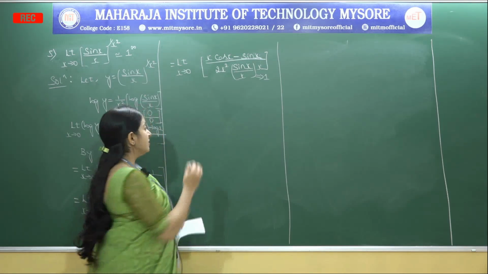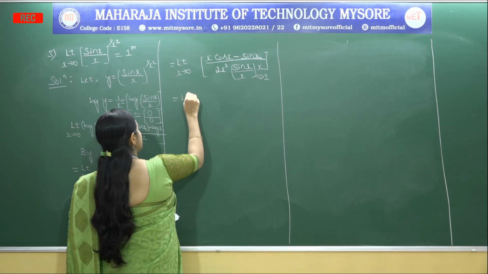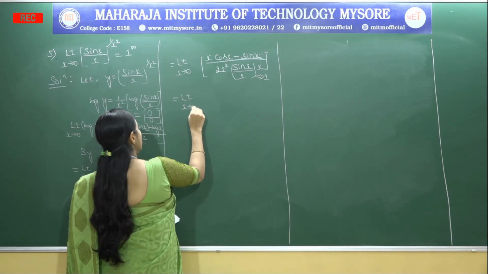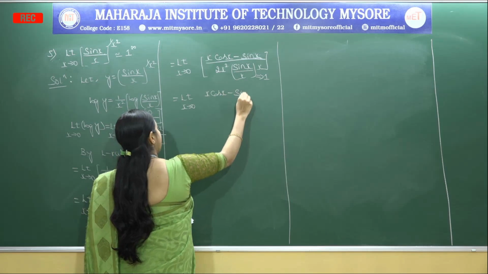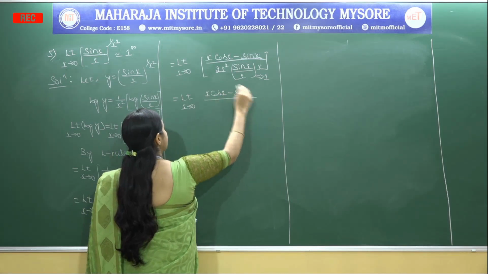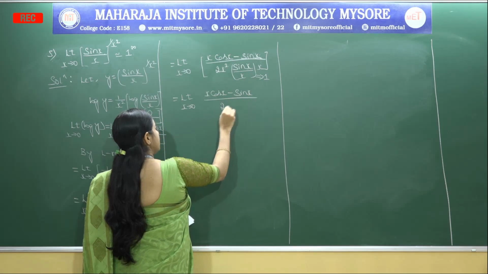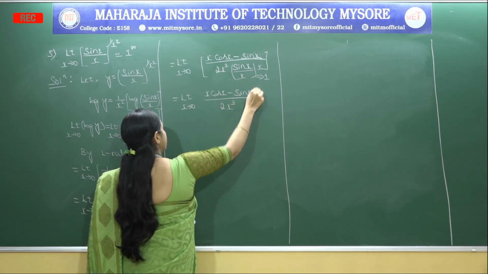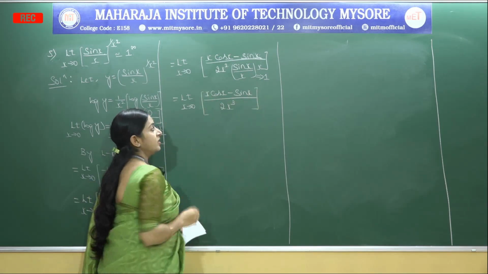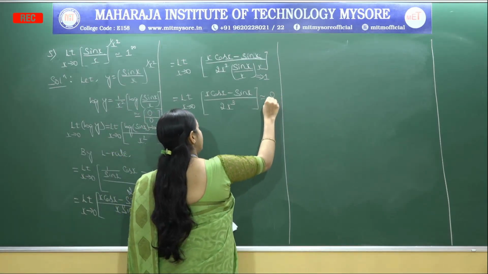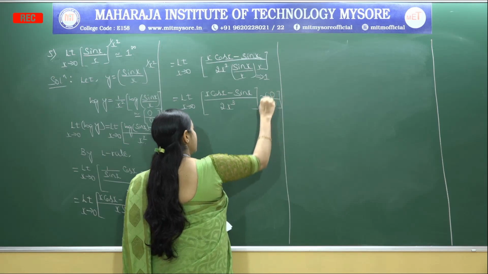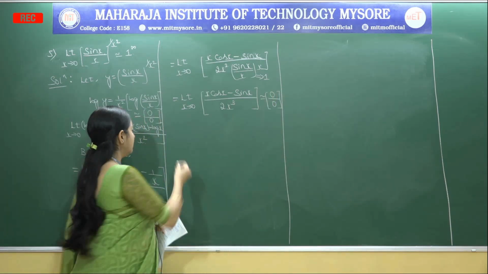So this equals the limit as x tends to 0 of x cos x minus sin x, over 2x square into x, which is 2x cube. Again it tends to an indeterminate form, 0 by 0. Again apply the L'Hospital rule.